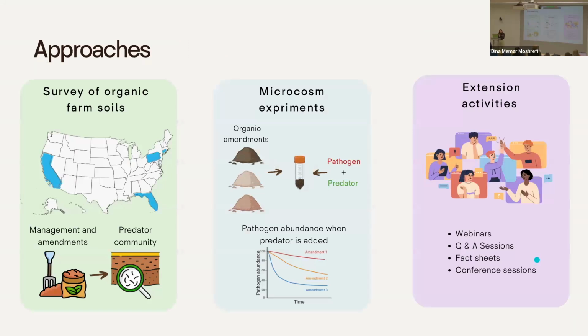At Penn State specifically, we'll be applying several approaches. The first of which is a survey of organic farm soils that will be conducted in several states, including Pennsylvania, of course, Connecticut, California, and Florida, where soil from different organic farms will be collected, and we'll look at what the management approaches are in these farms.